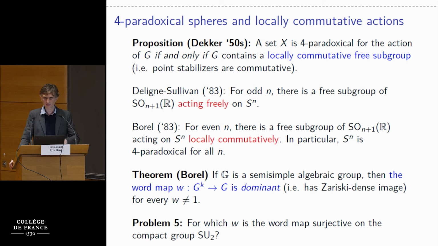So in a very cute paper, Deligne and Sullivan, and then Borel in the same edition of the Enseignement mathématique in 1983, they answered a question of Dekker from the 50s, which is a generalization of the Hausdorff-Banach-Tarski paradox to an arbitrary dimension. So instead of dimension 2, you look at an arbitrary dimension. Okay? And Deligne-Sullivan proved that for every odd n, there is a free subgroup of the rotations that acts freely on the sphere.